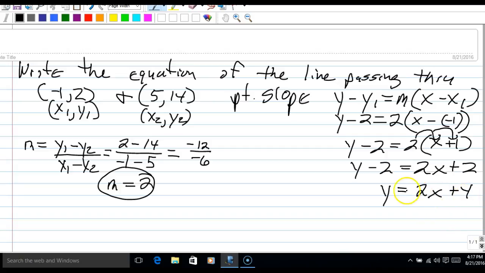Negative 2 plus 4 gives you a y value of 2. Likewise, if I take 5 and plug it in for x here, then that should give me a corresponding y value of 14. So plugging 5 in for x, 2 times 5 is 10, plus 4 is 14. So it checks out. So both of these ordered pairs should work in this equation. If that is not the case, then you've made a mistake somewhere along the way.